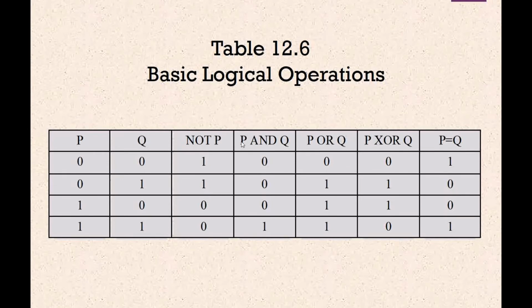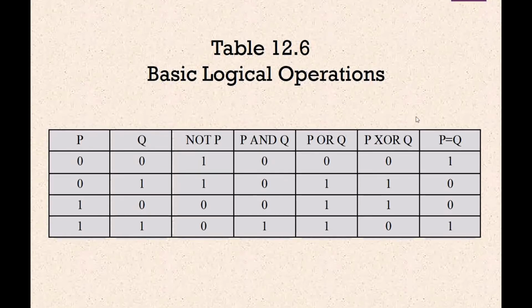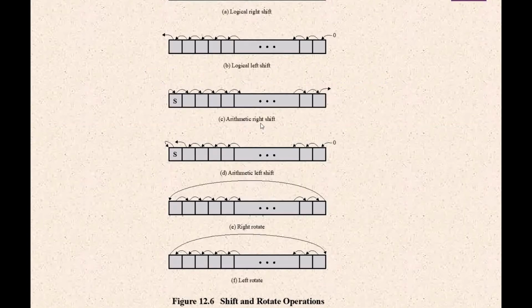And p and q will perform an AND operation, p or q will perform an OR operation, then exclusive OR, then this operation. These are logical operations in logic gates. You should also study how they work and how the truth table is used.